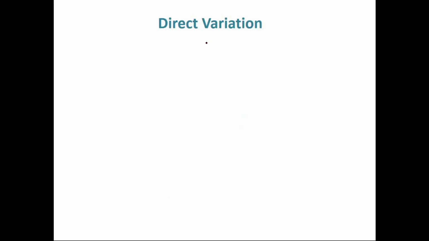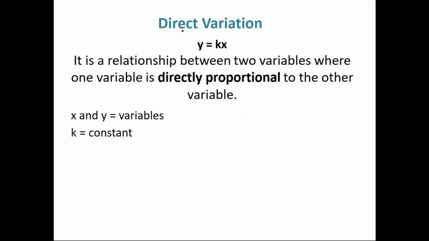What is direct variation? It is defined as the relationship between two variables where one variable is directly proportional to the other variable.